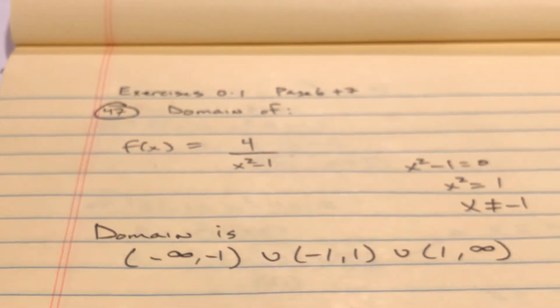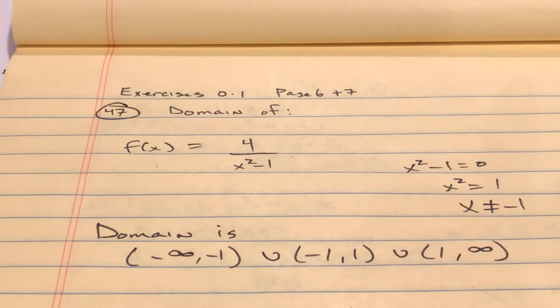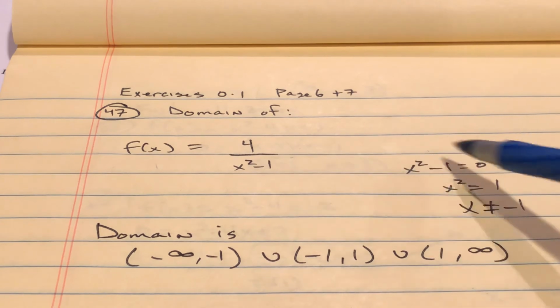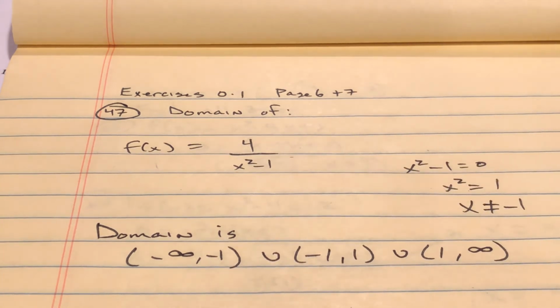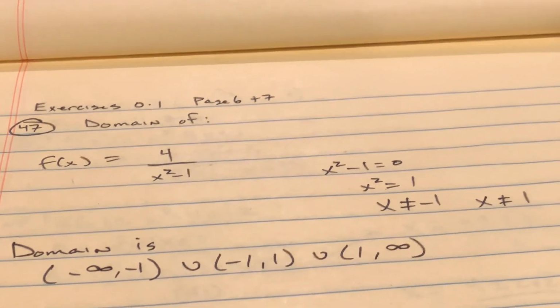What is the domain of this? Well, first off, the only thing I've got to worry about is dividing by 0. So I set what is in the denominator equal to 0. I get plus or minus 1. X is not allowed to be negative 1 or positive 1.